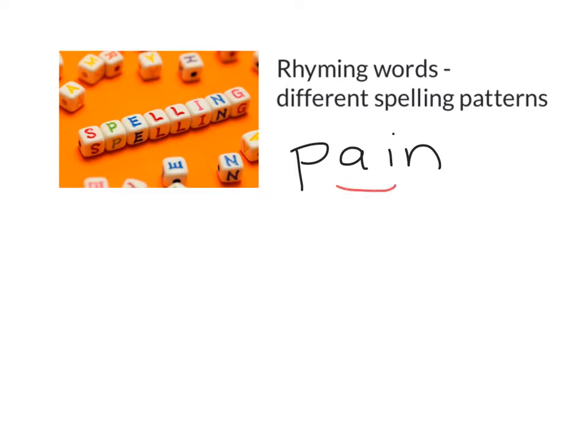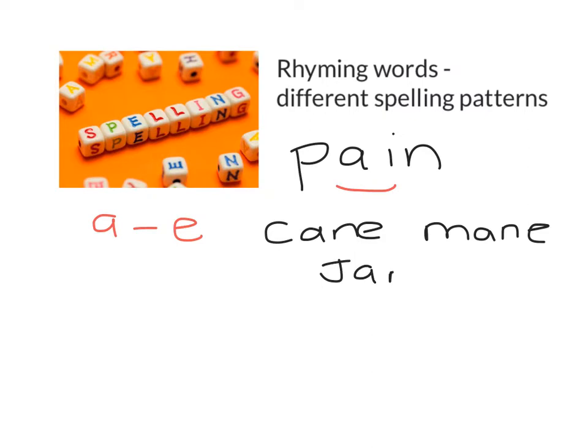But I also know that there are other ways of creating that A sound in a word. It might be that it's an A, another letter, and an E, like in the word cane and main and the name Jane.